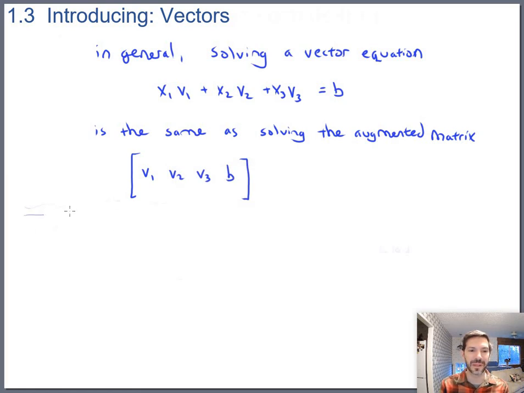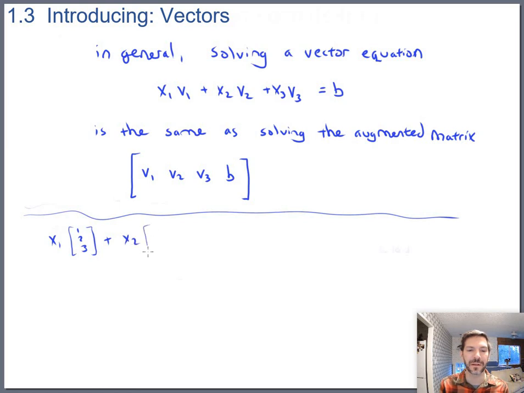So again, not to beat a dead horse, but just as an example, if they wanted you to solve a vector equation that looked like x1 times (1, 2, 3), some combination of that vector, and some other amount of (4, -2, 7), and some amount of yet another vector, (7, 2, -4), and you wanted that to come out (10, 10, 10) for some reason.